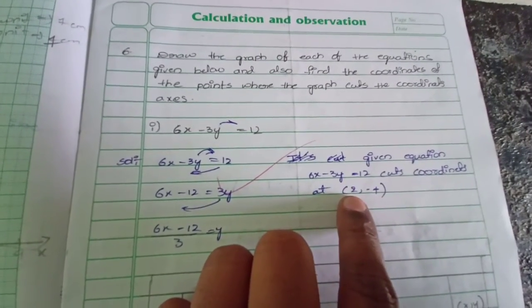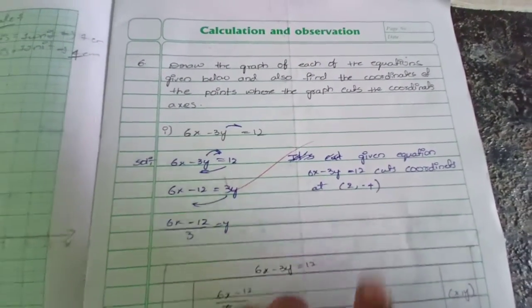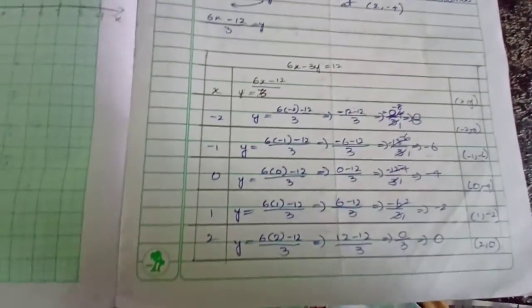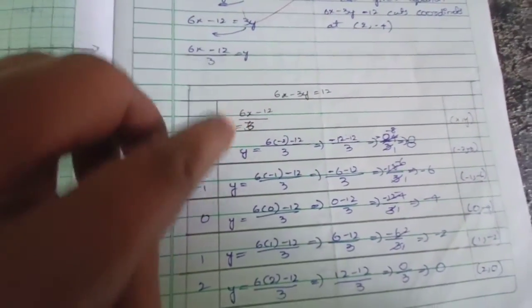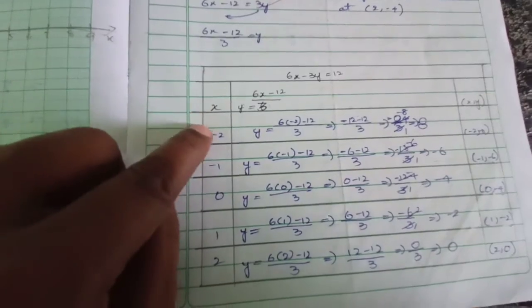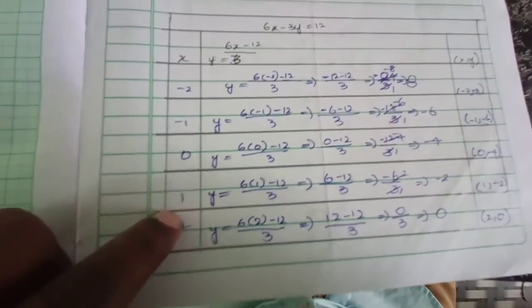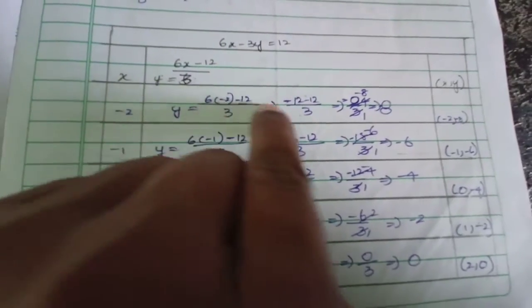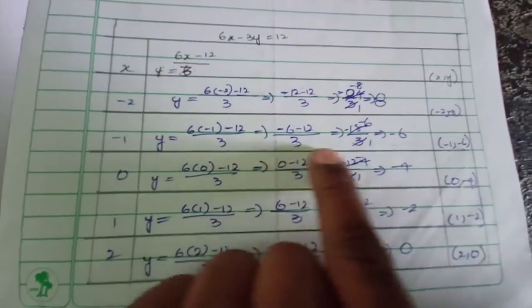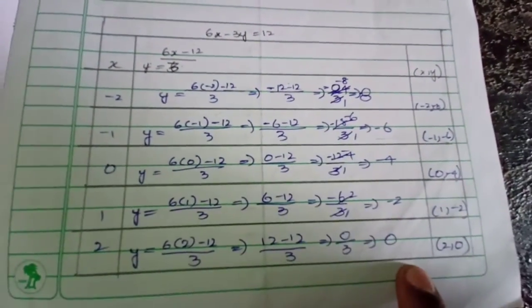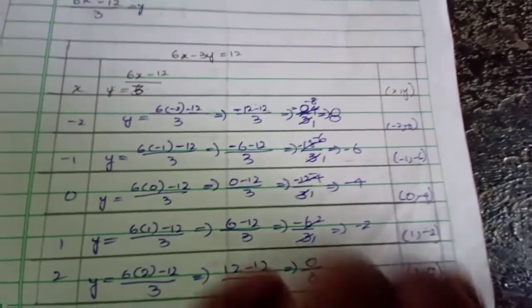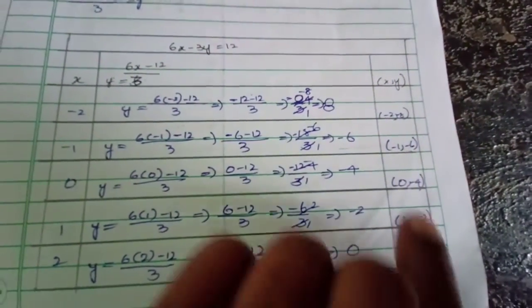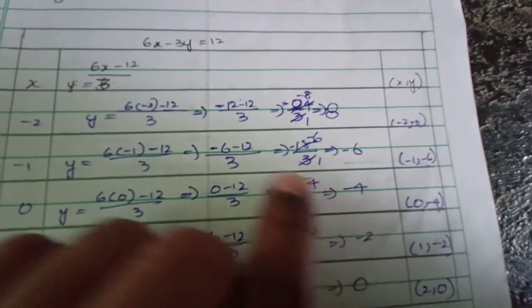At the x axis it cuts at 2 and the y axis it cuts at minus 4, it seems. We'll see. To get the y value, you put x equal to minus 2, minus 1, 0, 1, 2, and y equal to, you put the x value wherever x is present in this, and similarly we get points like this. These are the solutions we have to put on the graph.